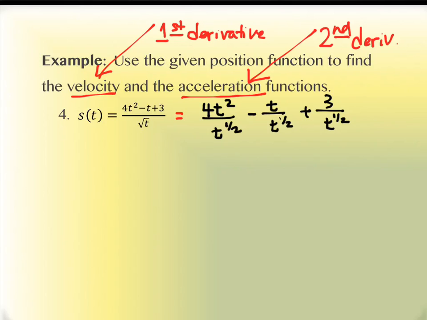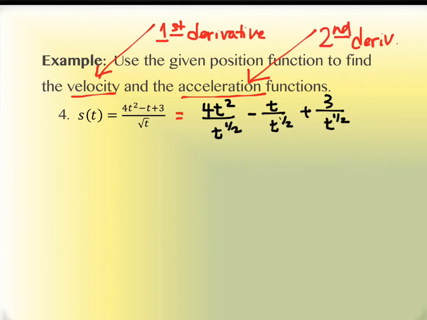Now, that's a property of fractions. You usually use that property the other direction, right? You try to get a common denominator and you combine the numerators together. Well, because I have a single value in the denominator, I can do it in reverse, and I can separate each of the individual numerator pieces out with that same denominator.